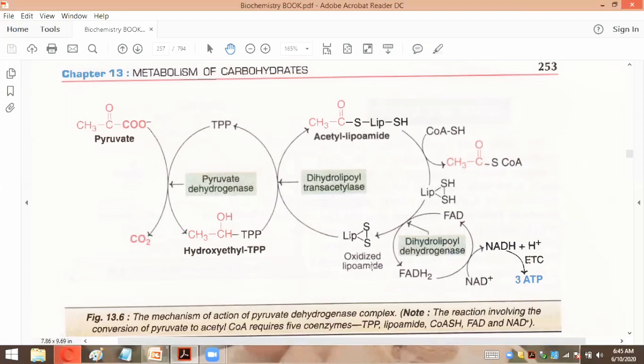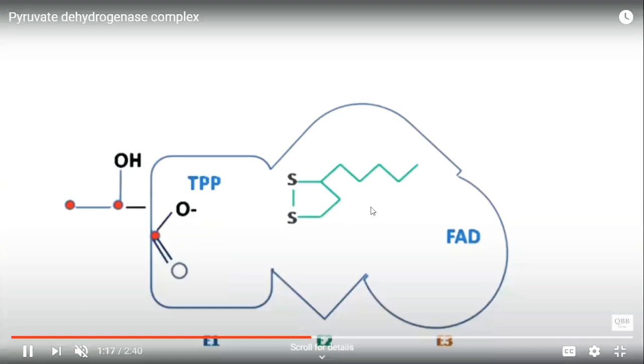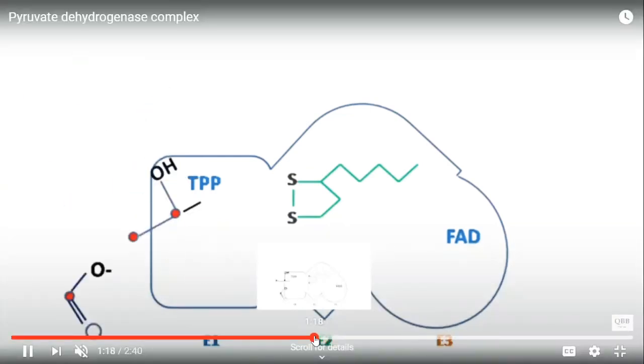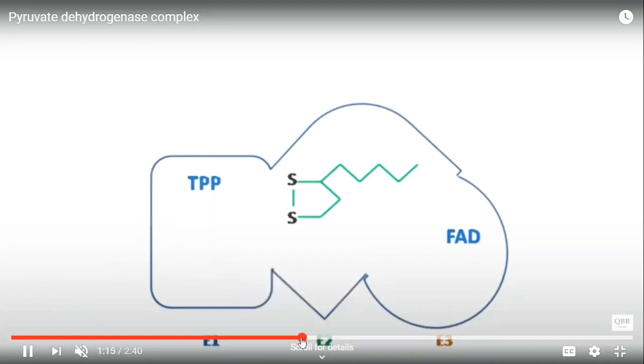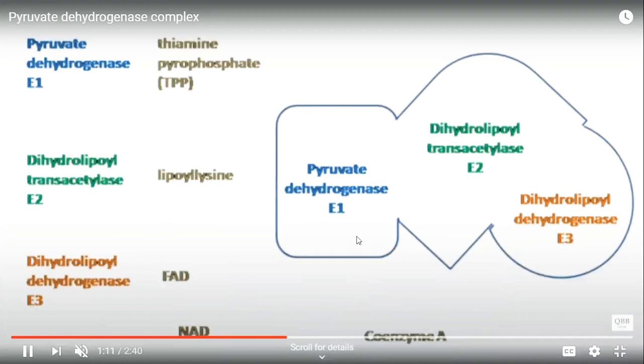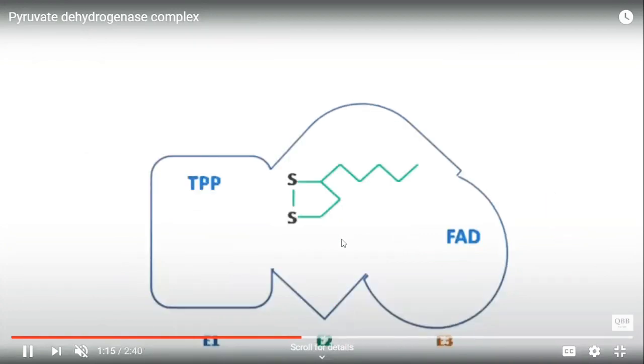This is the whole reaction for the pyruvate dehydrogenase complex enzyme. The whole reaction is described here, that the pyruvate dehydrogenase complex enzyme consists of E1, E2 and E3.